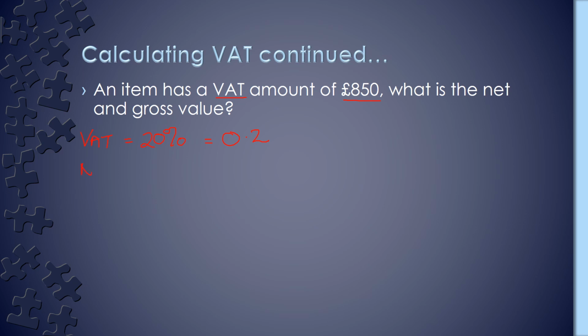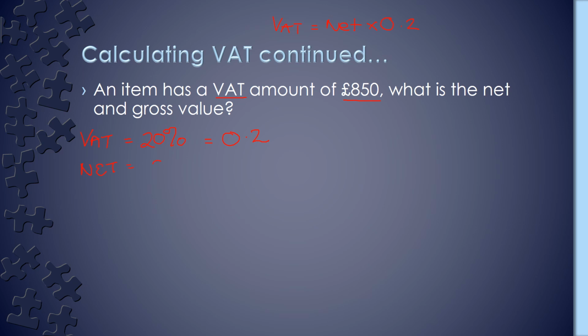Our net, therefore, if normally to get our VAT amount, it would equal our net times our percentage, so times our decimal amount, and that would give us our VAT amount. So in order to get our net amount, we then need to divide our VAT amount by the VAT rate.